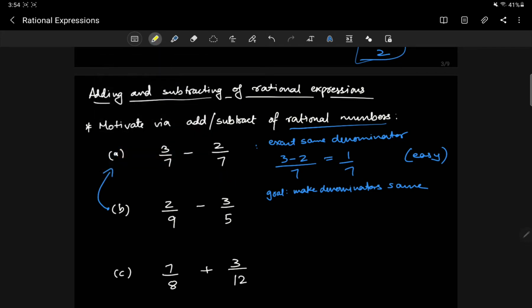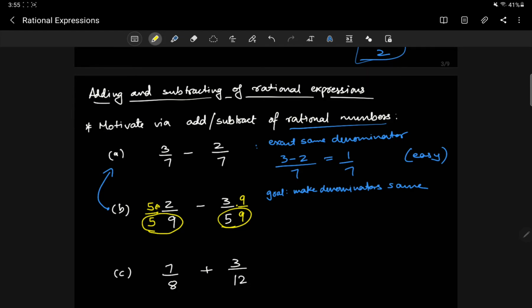To do that, we use one of the most popular tricks in math, which is we rewrite the number 1 as a fraction. So we notice that I have a 9 here and no 5. So if I multiply this by 5 over 5, 5 over 5 is 1, so I'm not making any change. Similarly, I multiply this by 9 over 9 and I'm not making any change because 9 over 9 is also 1. What I am doing in this process is making these denominators 45, because they multiply across.